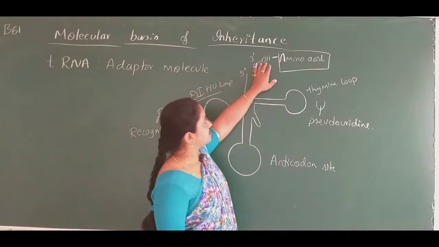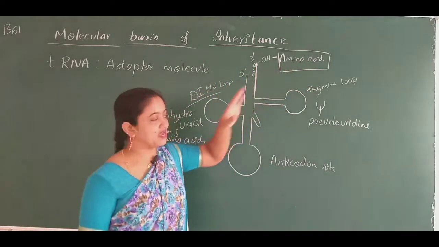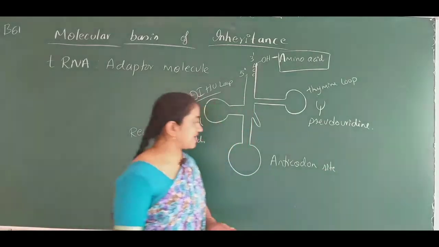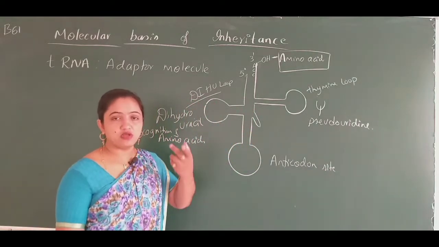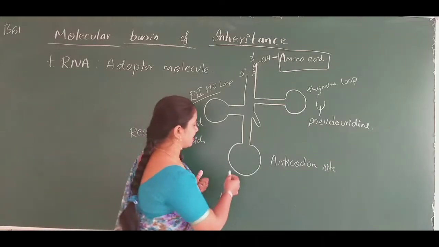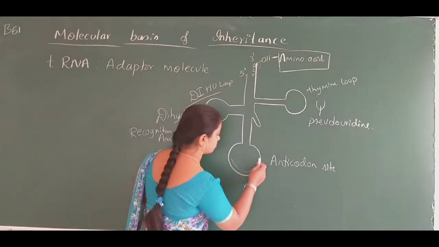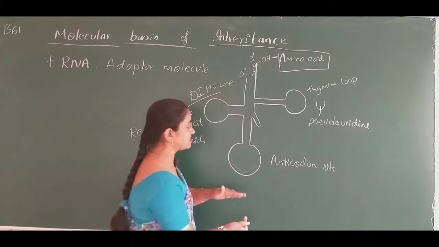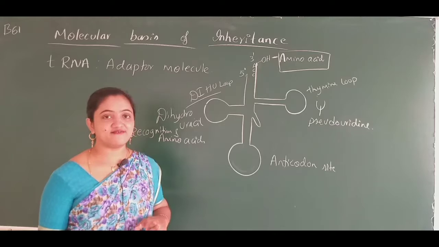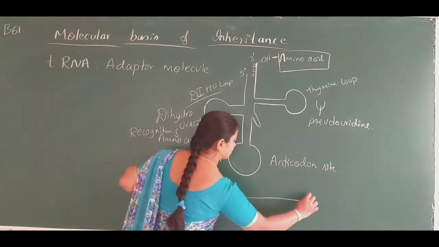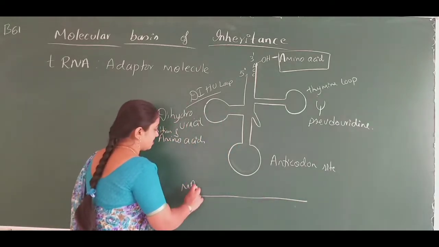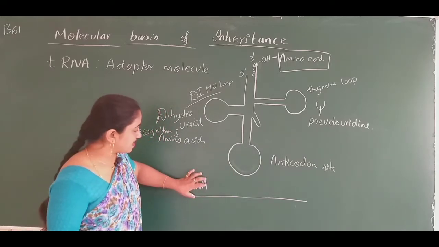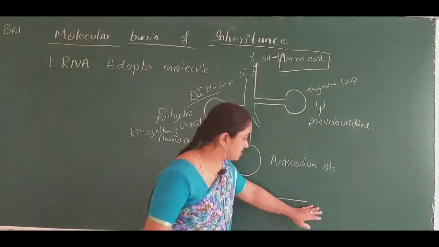At this site the amino acid is going to bind, and here the site is known as the anticodon site or anticodon loop. What is the function of the anticodon? This anticodon will trace the nucleotide sequence present on the mRNA. Consider the mRNA we have drawn here.